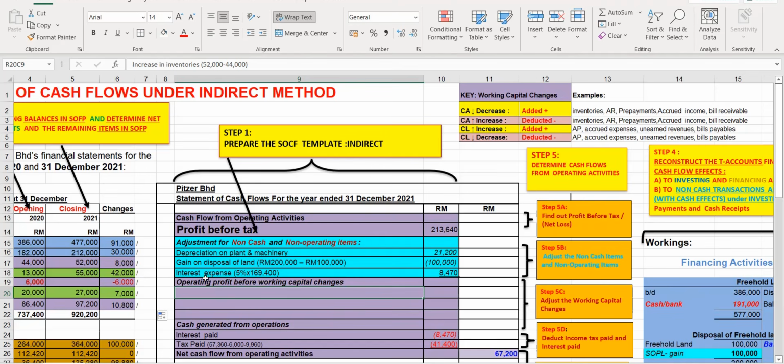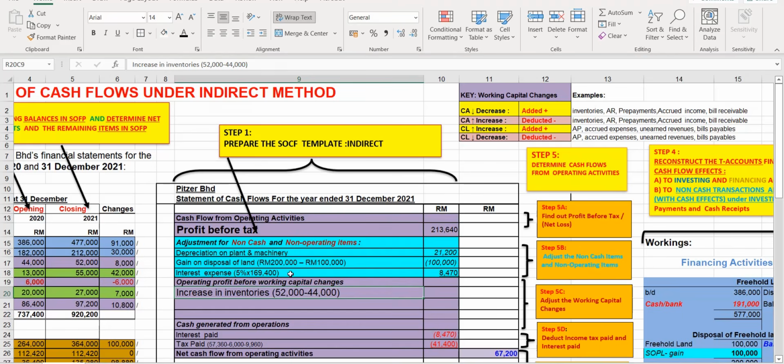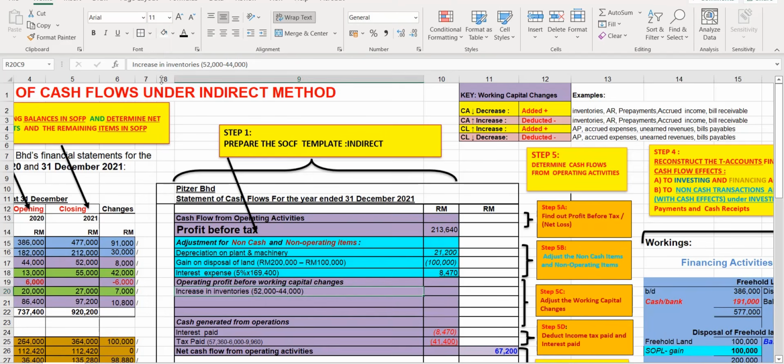So we start off with the first item. Remember the inventories, there was an increase. An increase in inventories is an increase in current assets. How much is it? 8,000. So the increase will be deducted.